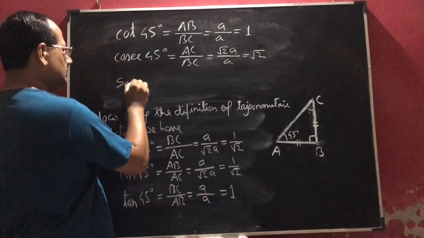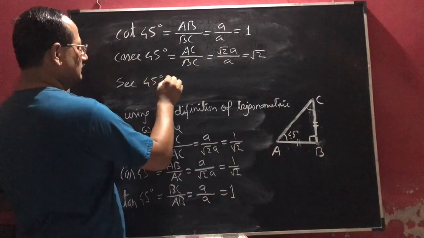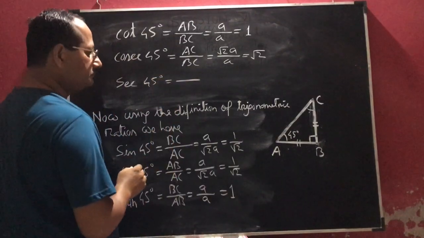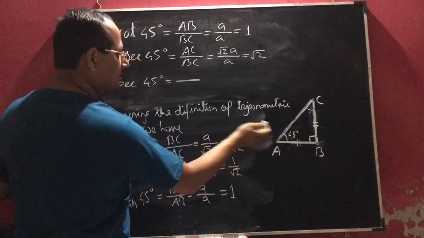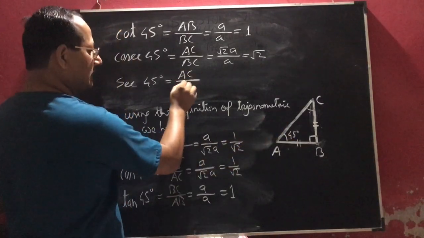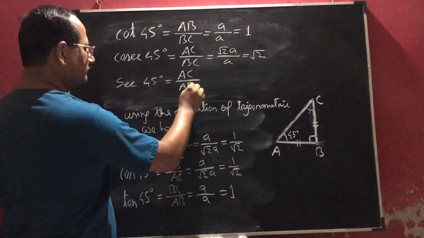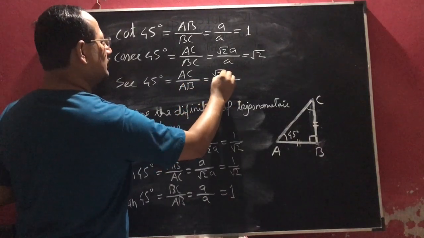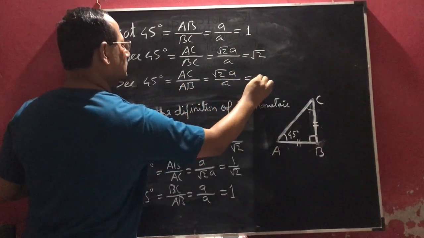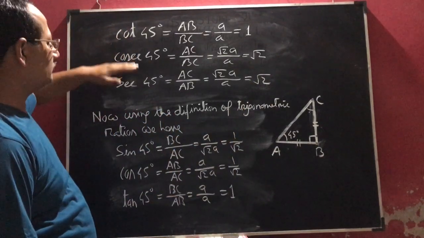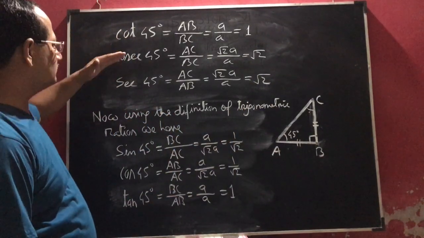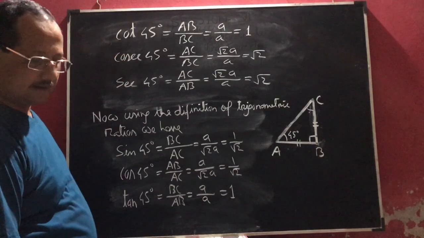Sec 45 degree: hypotenuse divided by the adjacent side, AC by AB, that is root 2a divided by a, that is equal to root 2. So these are the six ratios of 45 degree angle.